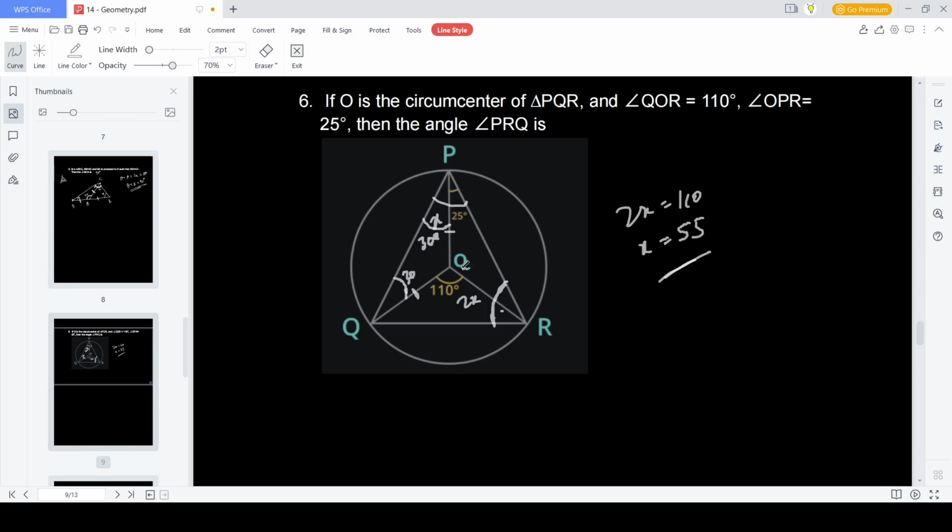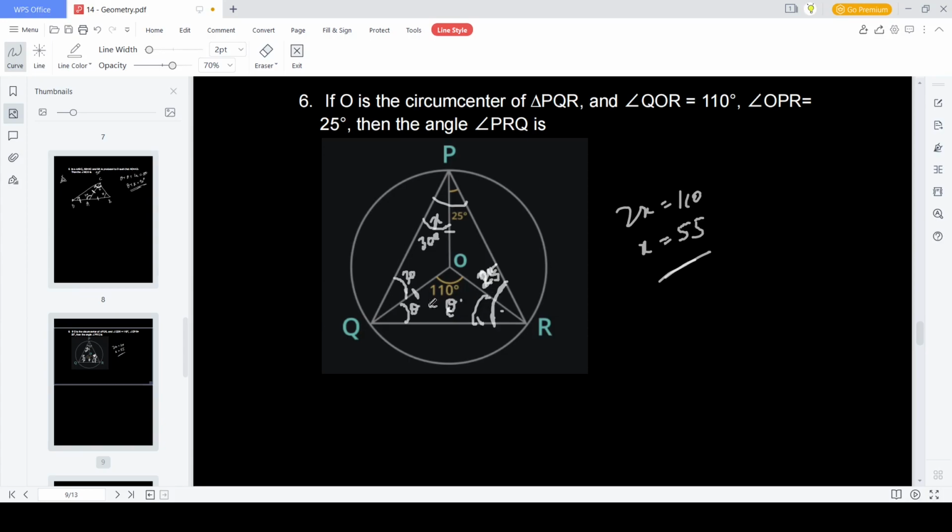Similarly OP equal to OR in triangle POR. Hence opposite angles are equal. So this angle will be 25 degree. This will be 25, this will be 25, this will be 30, this will be 30. So in this triangle, I can call this angle theta and this angle also will be theta. This 2x we can remove now.